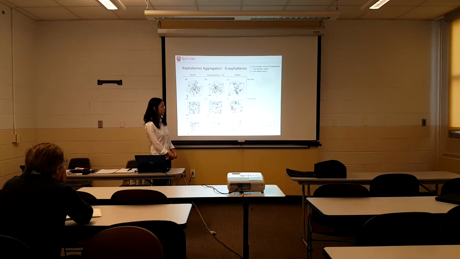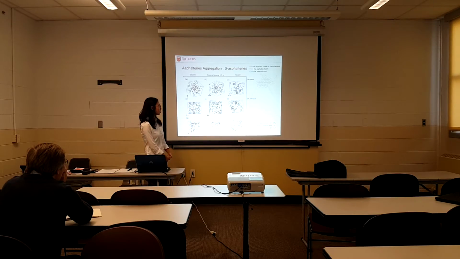If we take a look at figure A, we can find that small asphaltenes exist in the system either in a single form or form some small stacks. And the stack size can be drastically increased if the solvent is pure hexane.